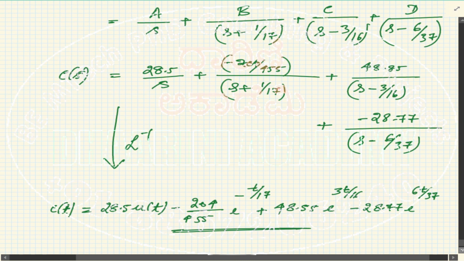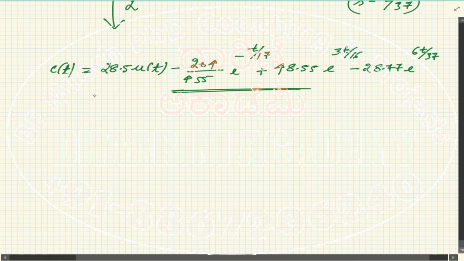C of t. Let's apply the condition, that is the limit as the time goes to infinity of c of t, right? First value is 28.5 into 1, so I'll write that here.